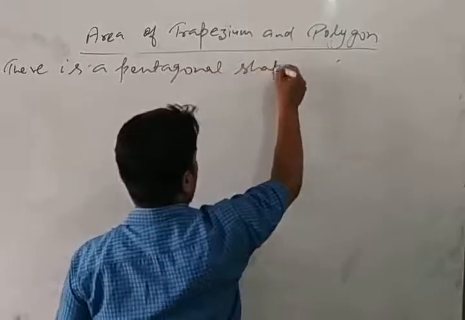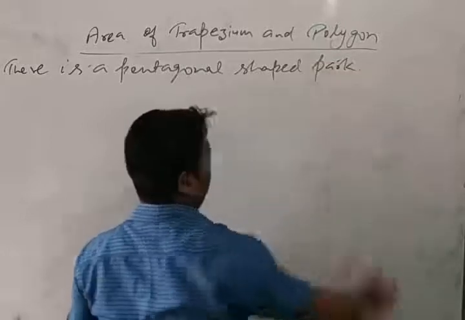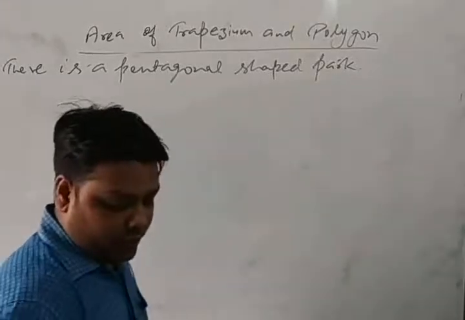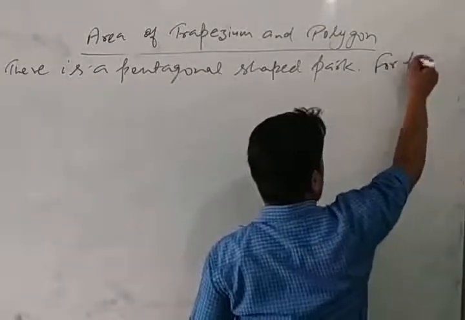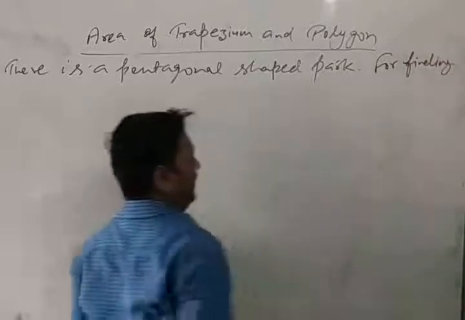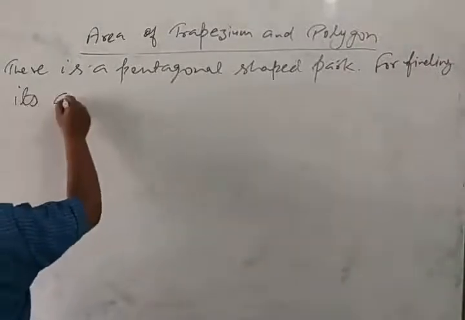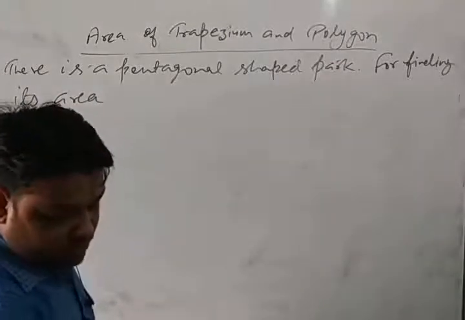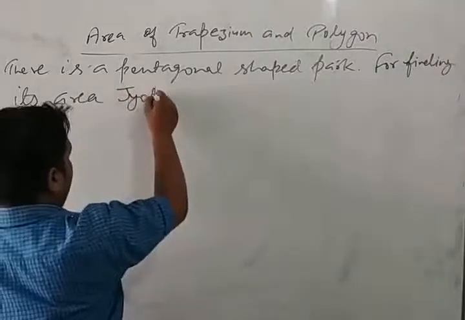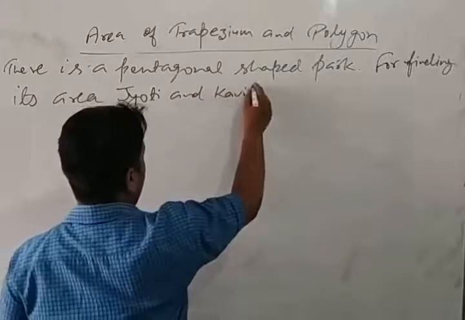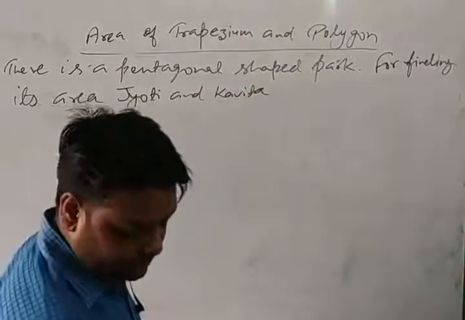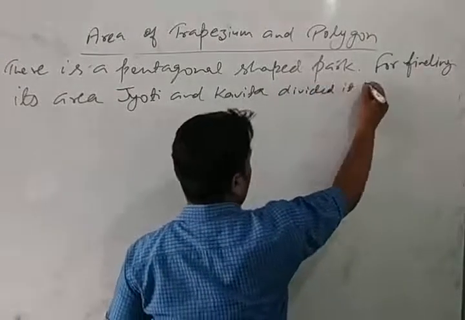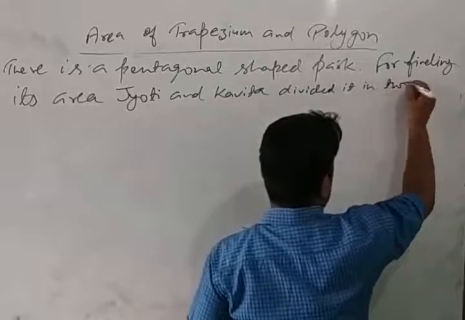Now, as one figure is given already, for finding its area, Jyoti and Kavita divided it into two different groups.